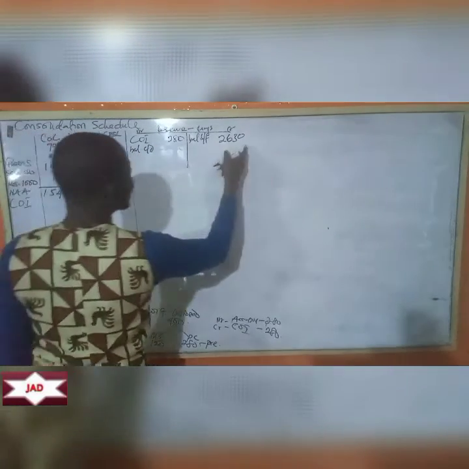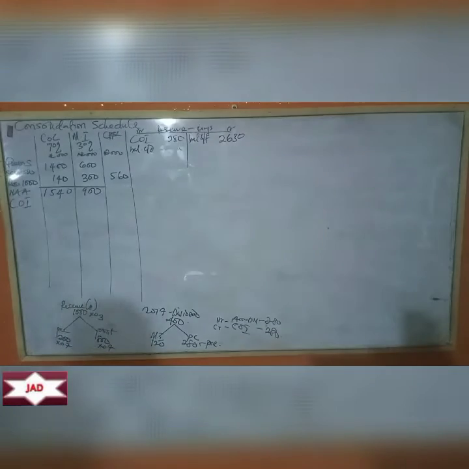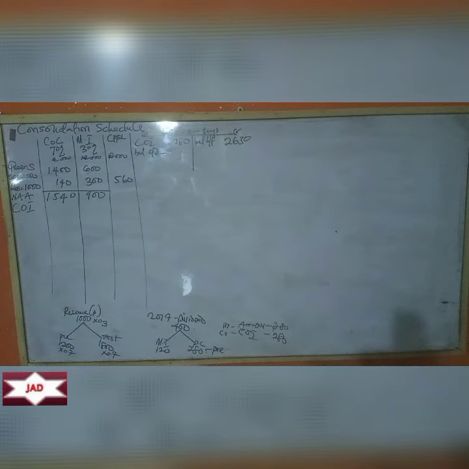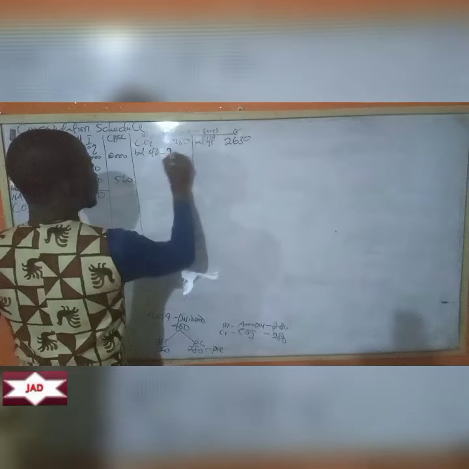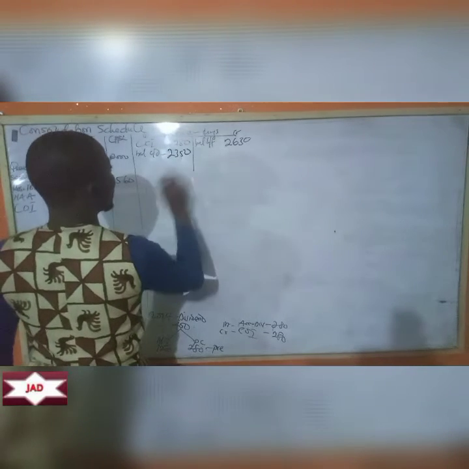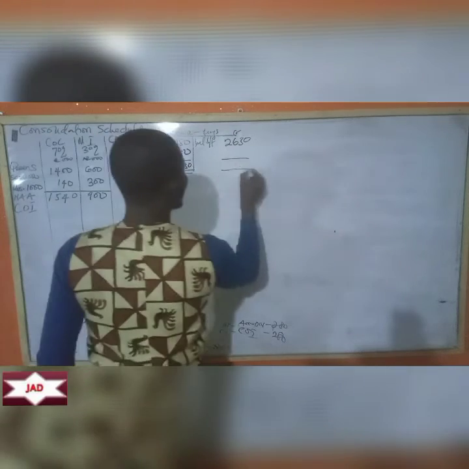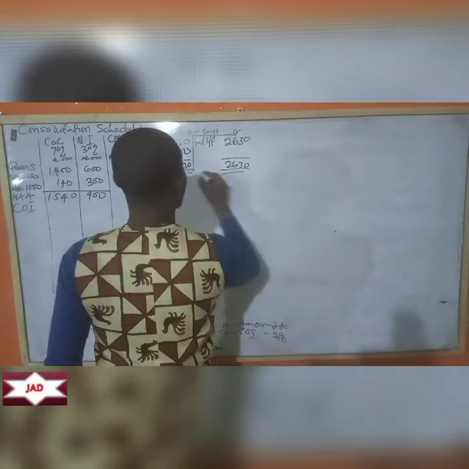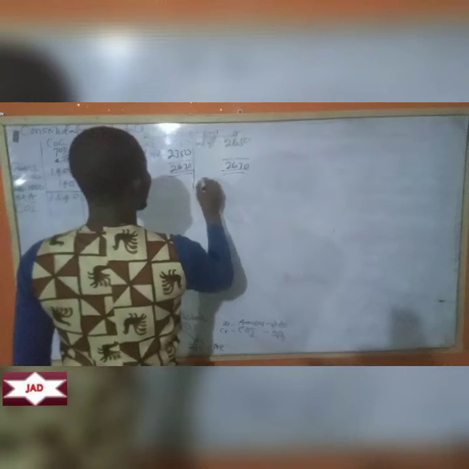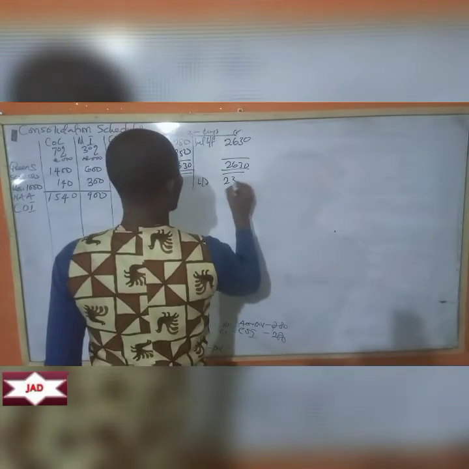Balance carried down, 2630 minus 280, which is 2350. So our new balance here will be 2350.